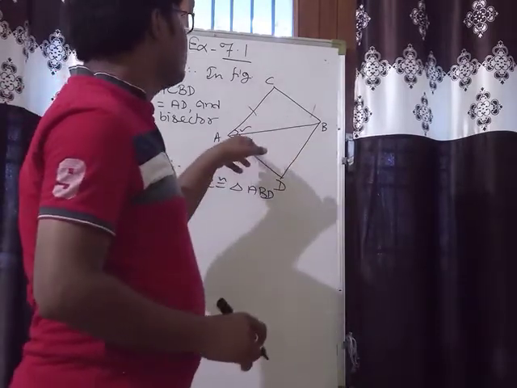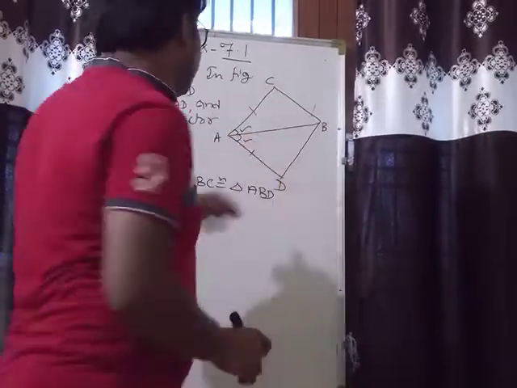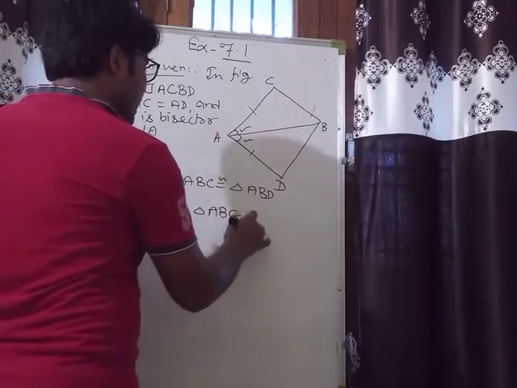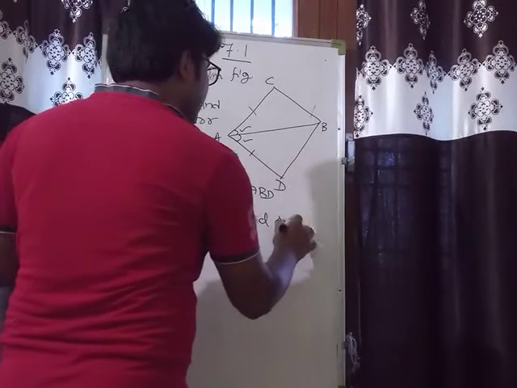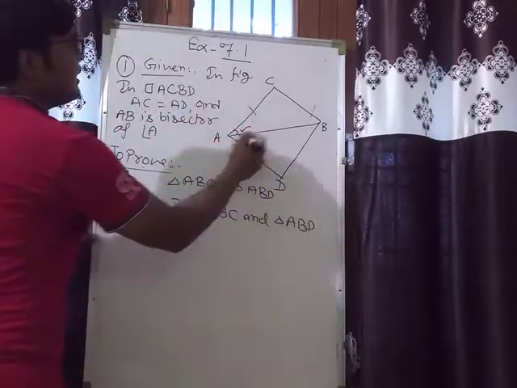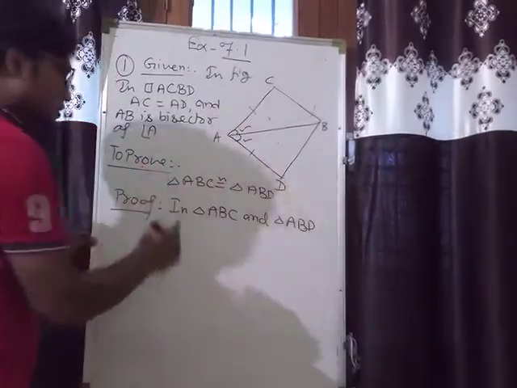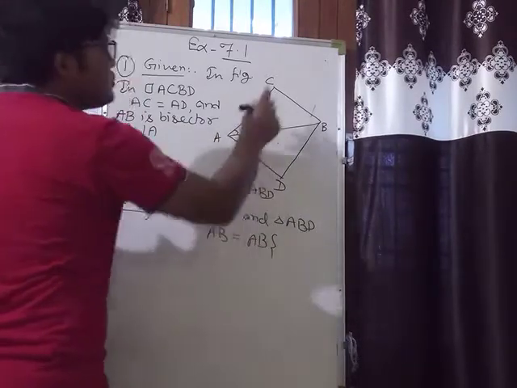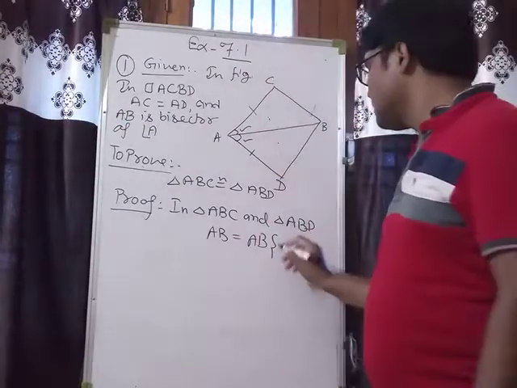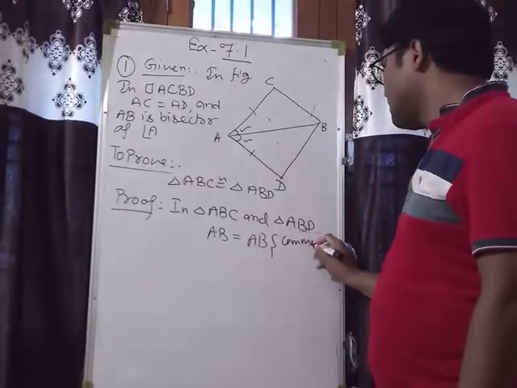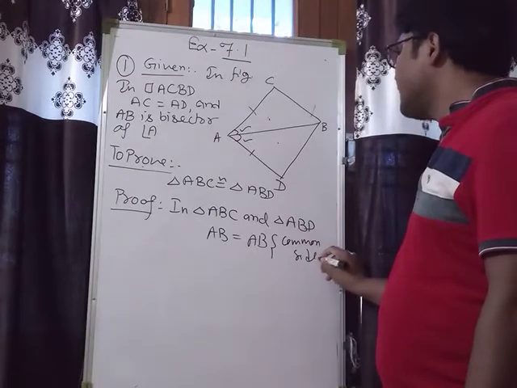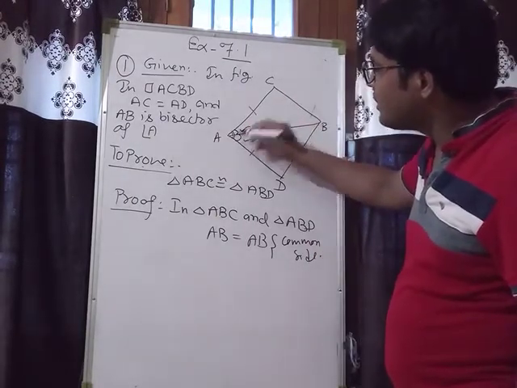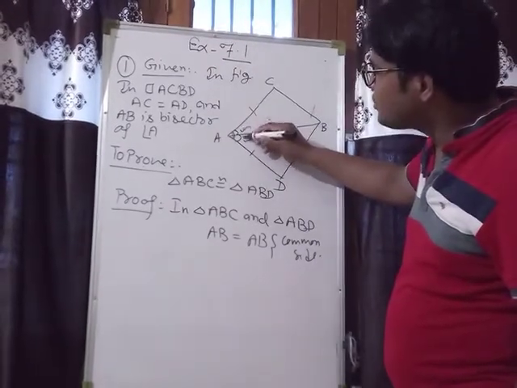In triangle ABC and triangle ABD, you can see this AB is a common side in the two triangles. AB is equal to AB. And because AB is bisector of angle A, clearly these two angles are equal.